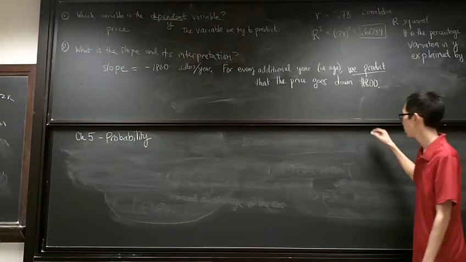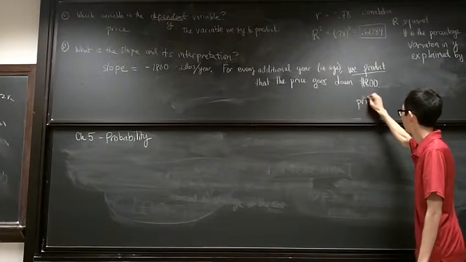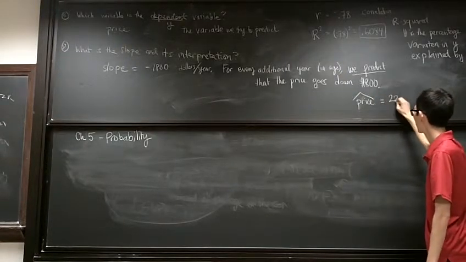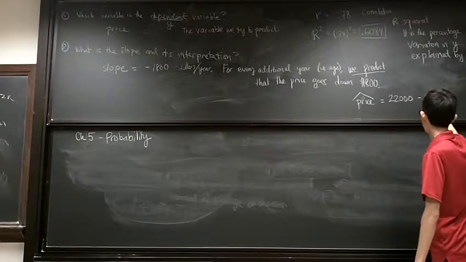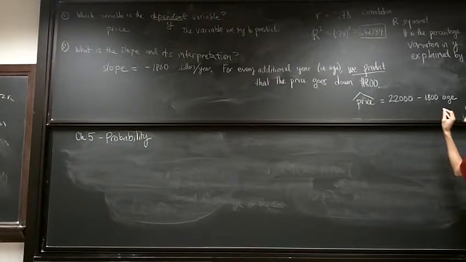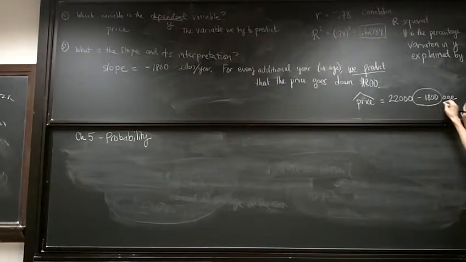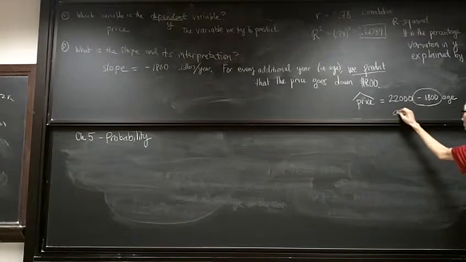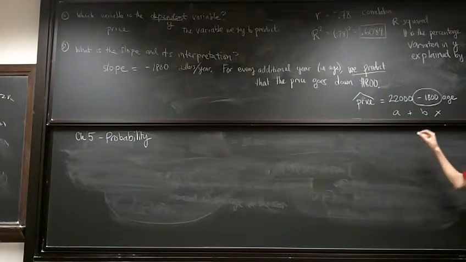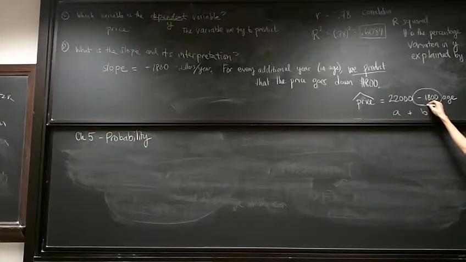The model said price hat, so predicted price, is equal to 22,000 minus 1,800 times age. Yeah, this is the slope, right? It's A plus B X, and so the number that comes here is the slope.